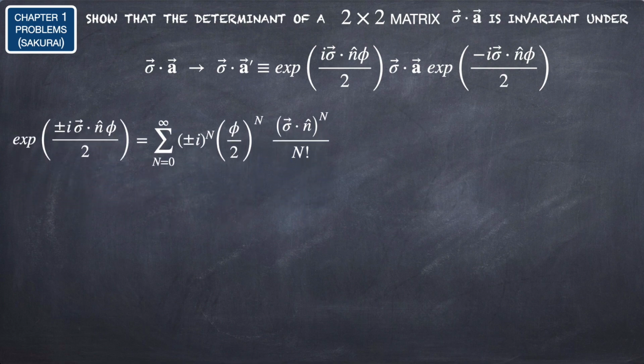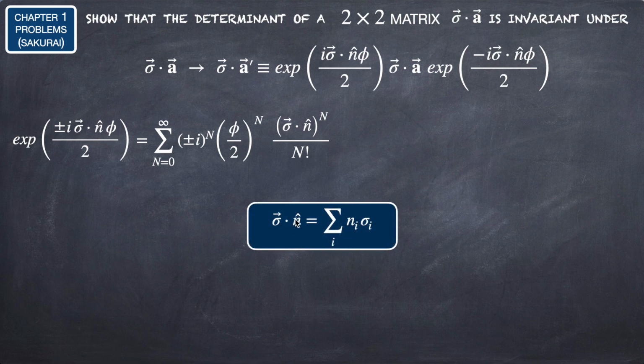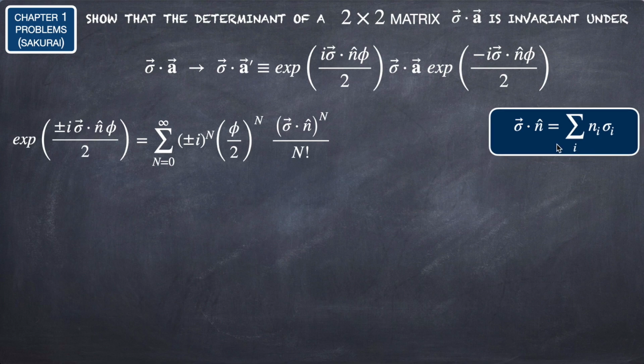Okay, now, what is sigma·n, where n is a unit vector? In index notation, we can write it as the summation of n_i sigma_i. In other words, it will be n1 sigma 1 plus n2 sigma 2 plus n3 sigma 3. Let's keep this result here.